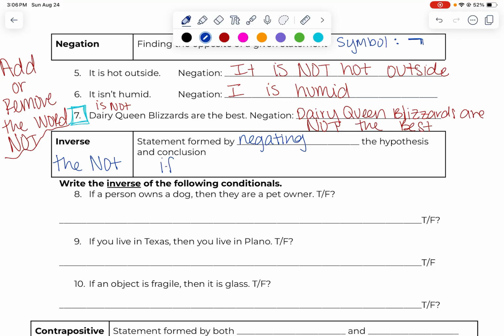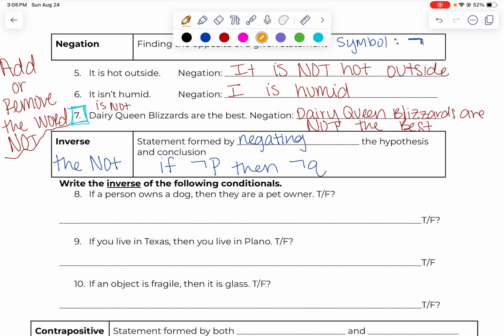So it's if not P, so not the hypothesis, then not Q, not the conclusion. Okay? So we're going to write the inverse of each of these conditionals.